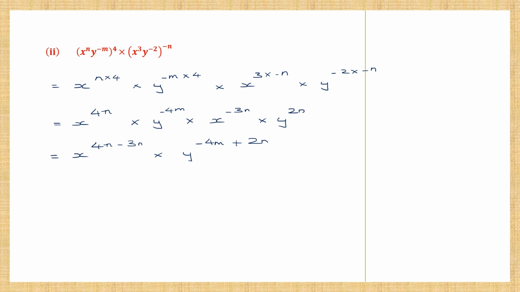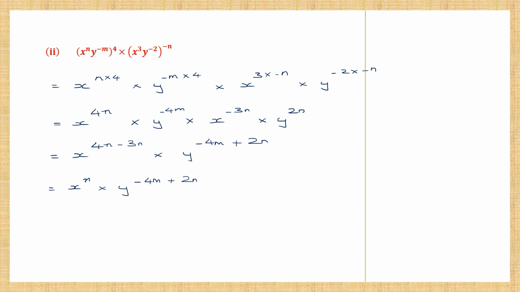So this is now x raised to the power of 4n minus 3n is 1n. So simply n into y raised to the power of, now these are unlike variables. So we can't solve it. It will remain as it is. So this is going to be minus 4m plus 2n as it is.